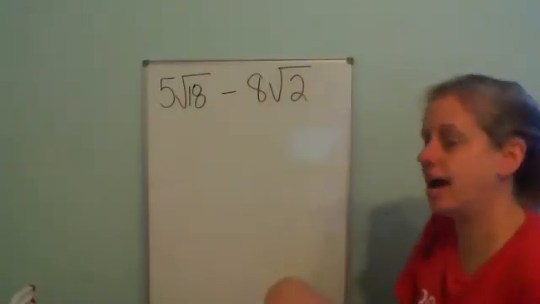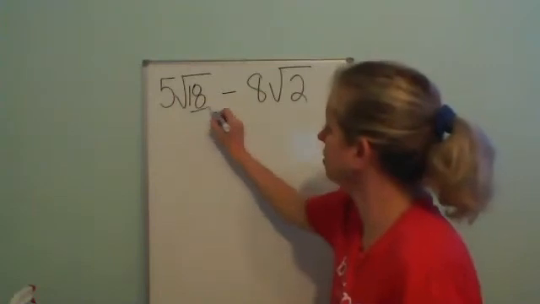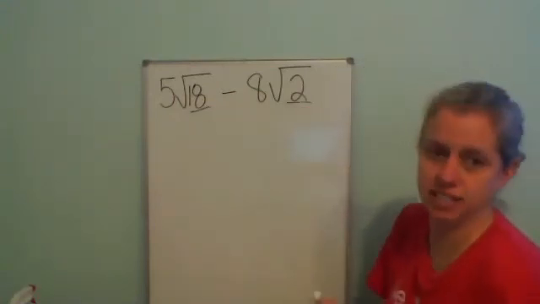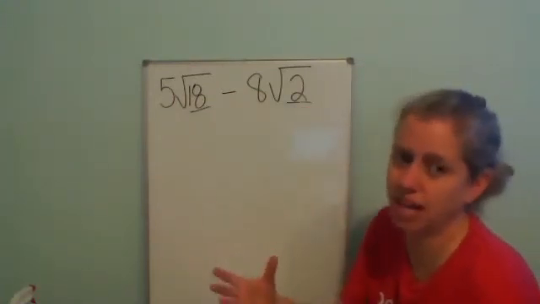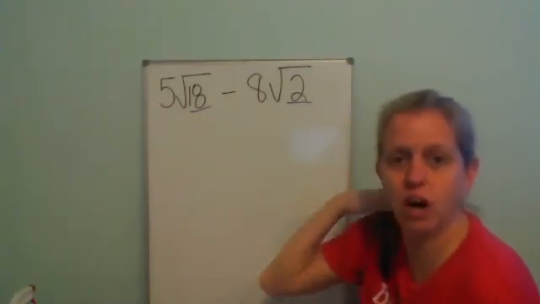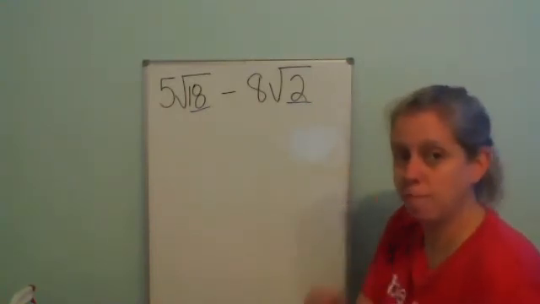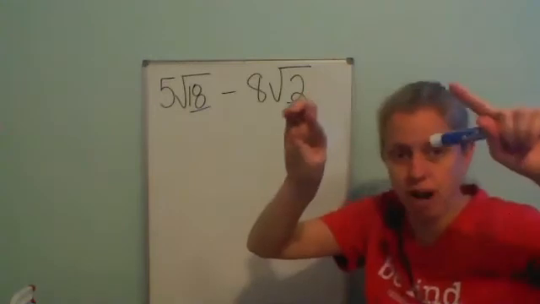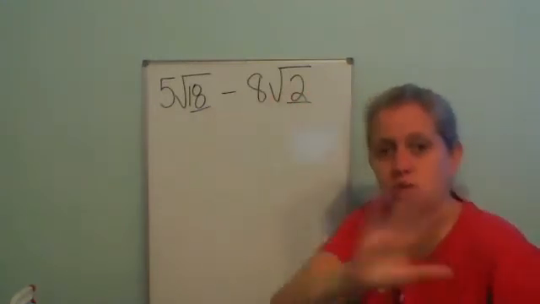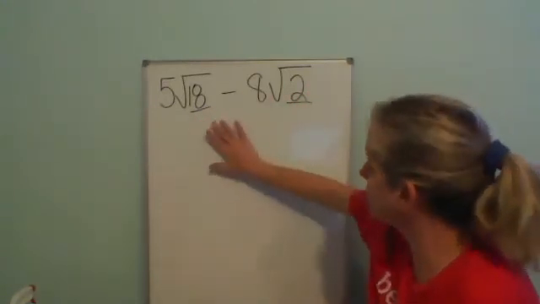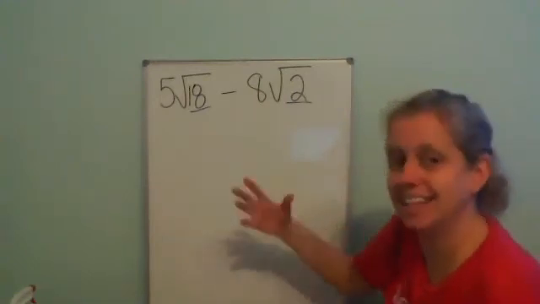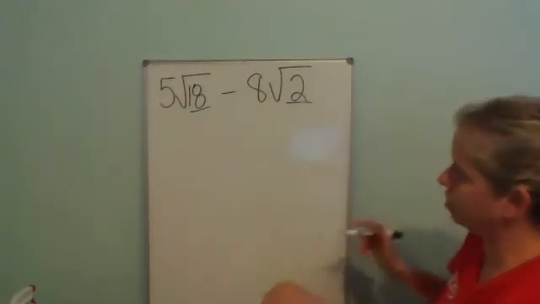Now, unlike the last one, our radicands are not the same, which means I can't just put them together as simply as I could on the last one. But remember the simplifying, how we break apart radicals into perfect squares and leftovers. Let's do that with these and then see if we can add them together.